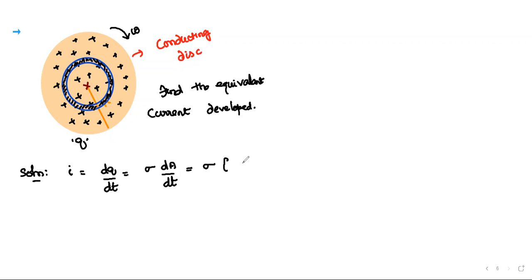That dA I'm taking as 2 pi x dx upon dt, where dx is nothing but the thickness of the ring, this shaded region marked with the black color.